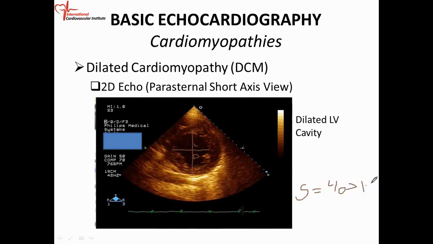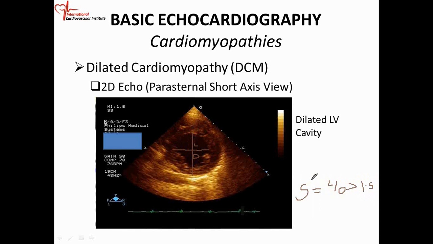What we're saying is that the measurement from the anterior wall to the inferior wall is supposed to be much greater than from the septum to the lateral wall. But when you have a dilated cardiomyopathy, the dimension D, from the septum to the lateral wall, gets larger.